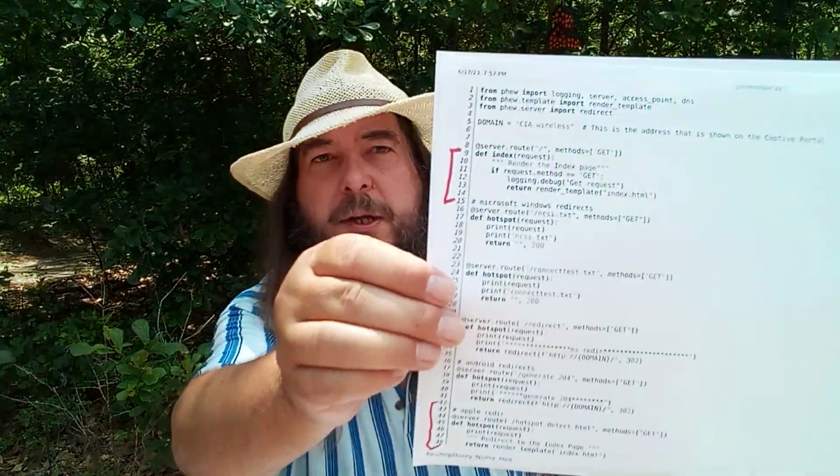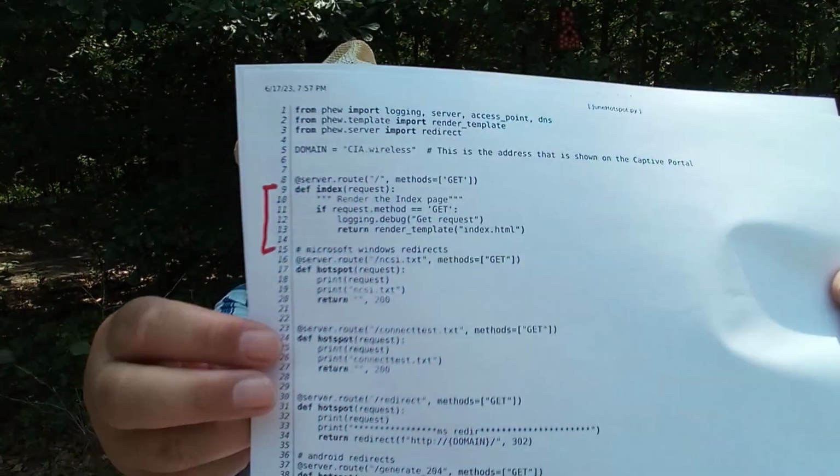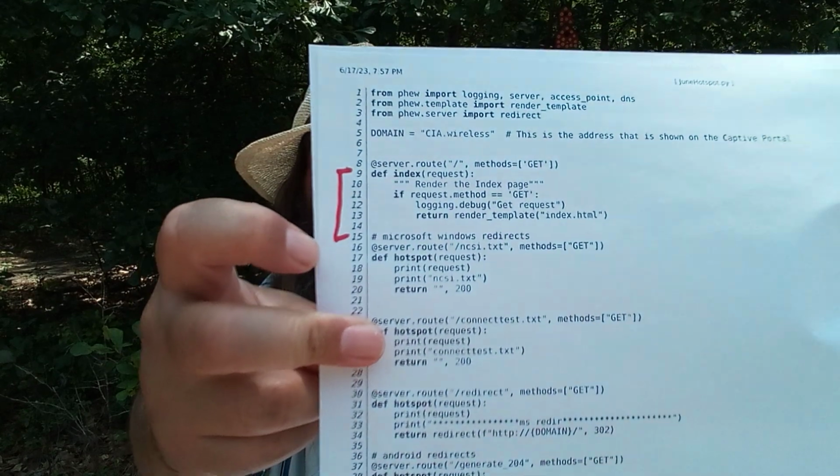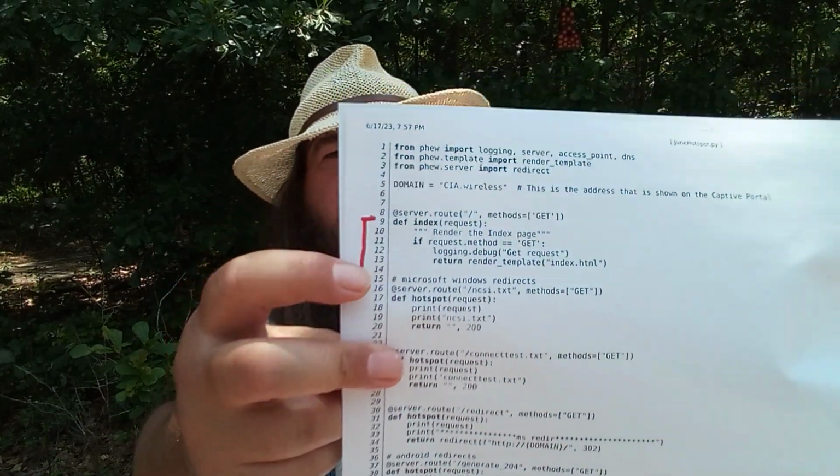So what I'm looking at is 3 different pieces of code. This is from MicroPython Pew, and this bit is where the web page is produced, and it's produced from a file.